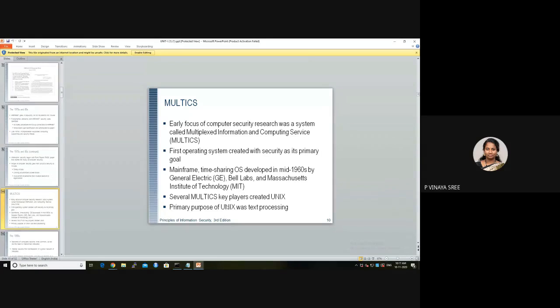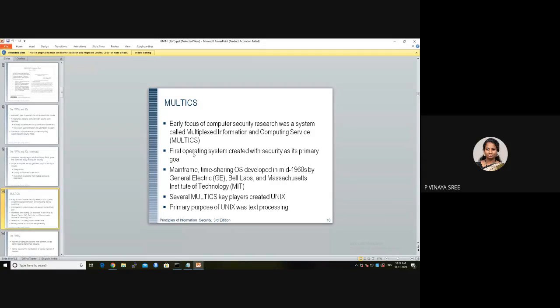Now, Multics. This is the initial operating system, Multiplexed Information and Computing Service. Its main goal was security. It is the first operating system created by considering security issues as the main goal.